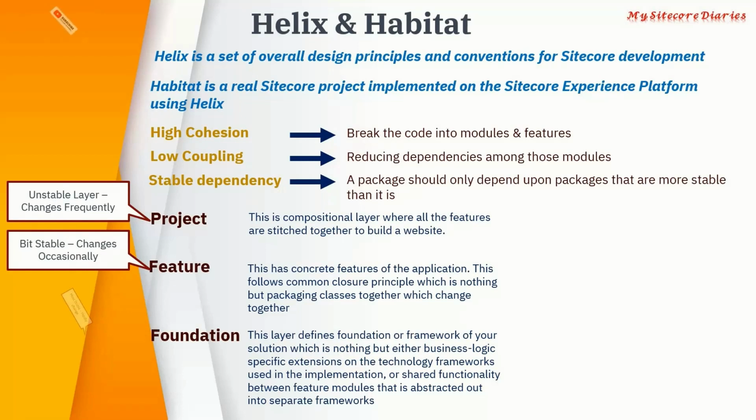Then you have the foundation, which is more stable. Generally when you create a framework, it doesn't change, you always follow that framework whenever you do development. So it hardly changes. As per the stable dependency principle, the foundation can be referred to in any project or feature, and a feature can be referred to in a project. That is how it should work.